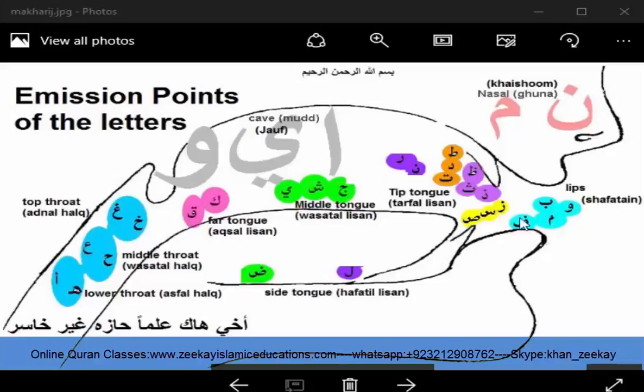Now you can see that all the Arabic letters are written here, with the position in the mouth from where they are pronounced.